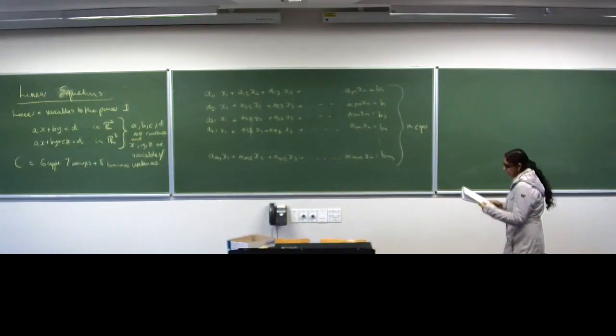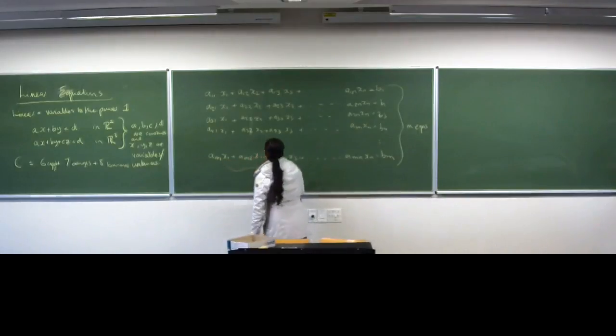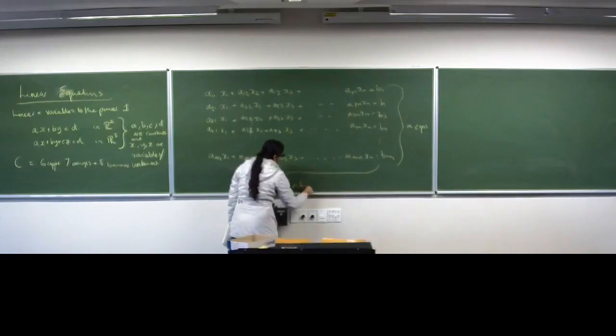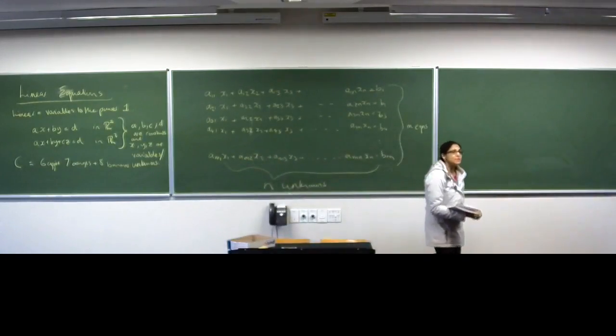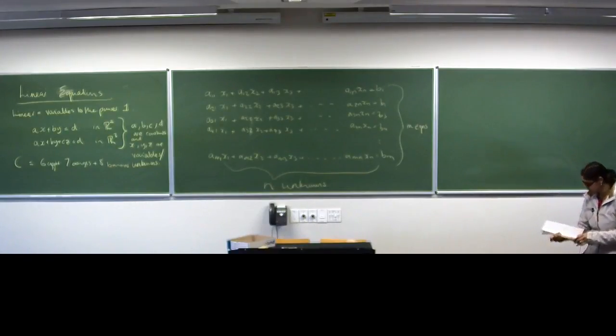And how many unknowns? N unknowns. Now, to solve a system of those equations, we have computer software to do that. But basically, you can do this by hand too. It'll take a long time. But there is a method, and we will talk about Gauss reduction in a while.